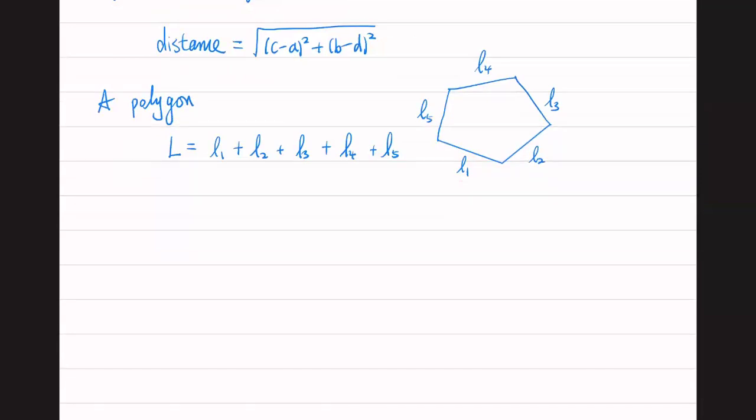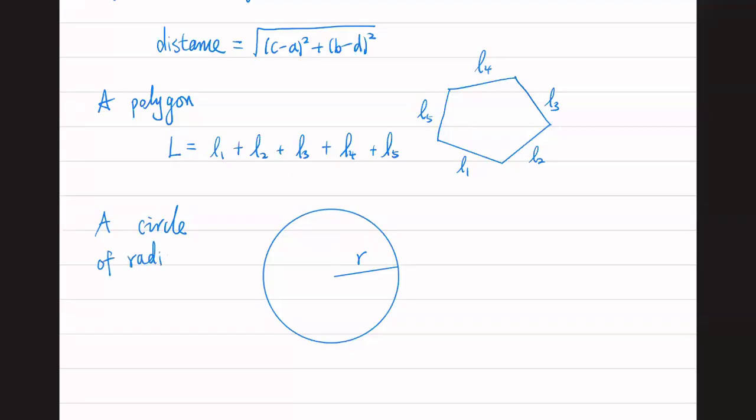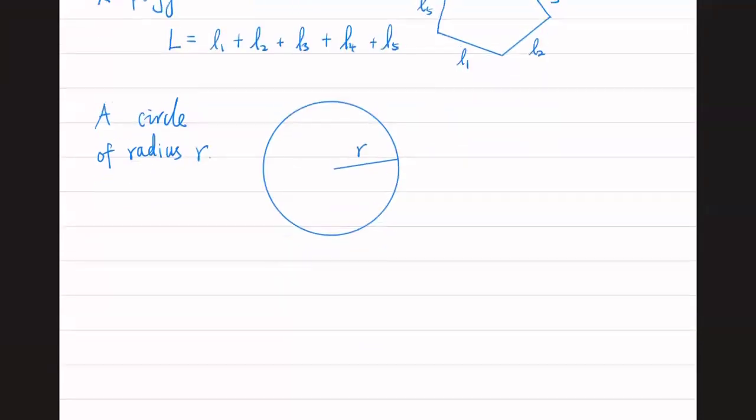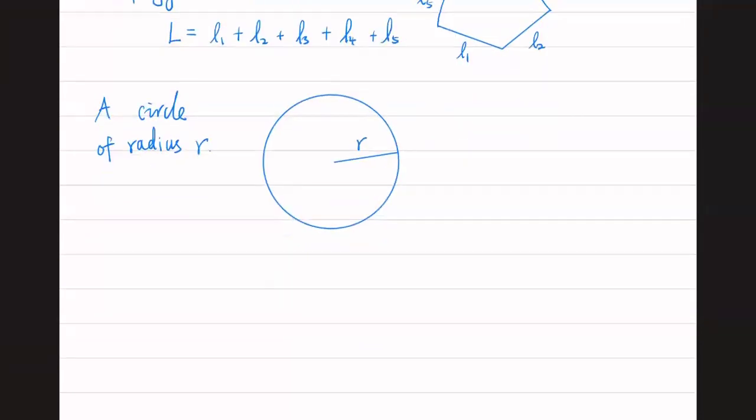The difficult part is how do we find the perimeter, the circumference of a circle. So one method is to use the approximation. So the observation is the length of circumference.